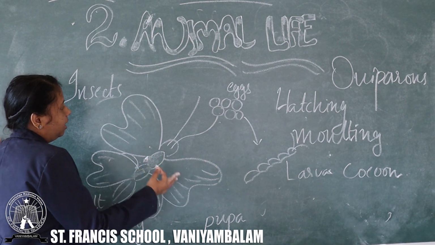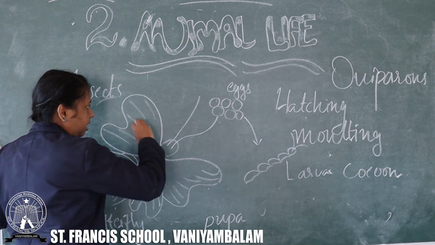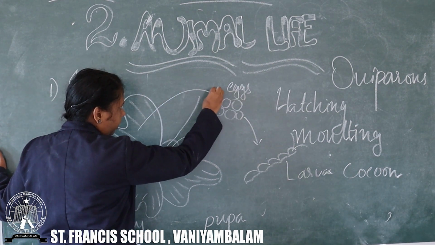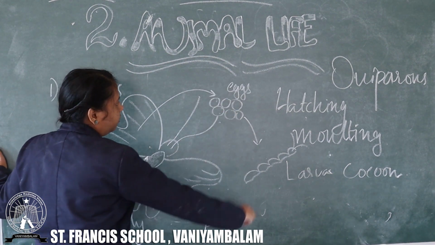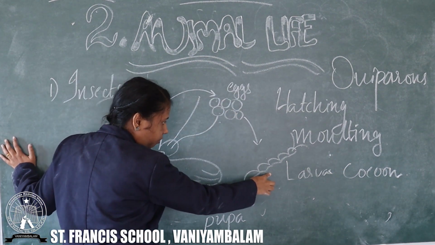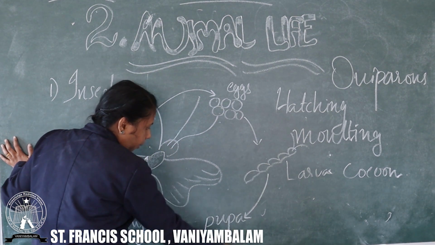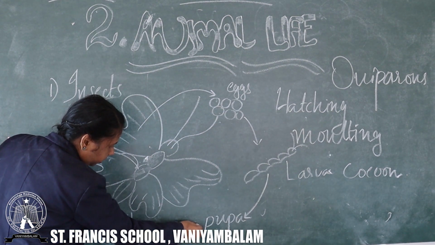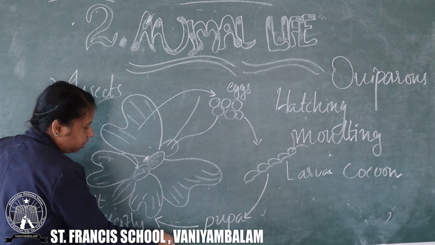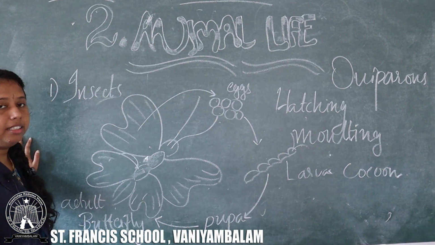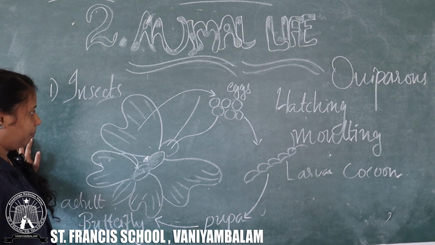So, what will be the last stage now? The butterfly will lay eggs, from the eggs the larva will form, after the larva the next stage is pupa, and from the pupa the adult butterfly will form.